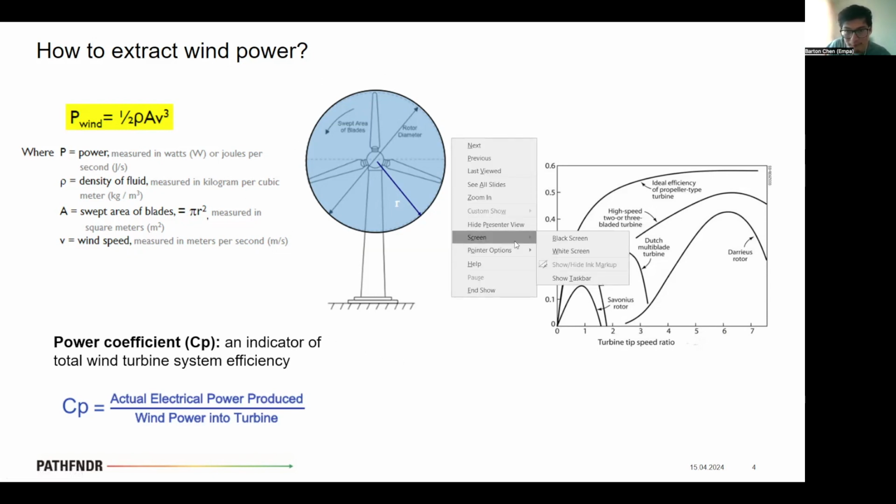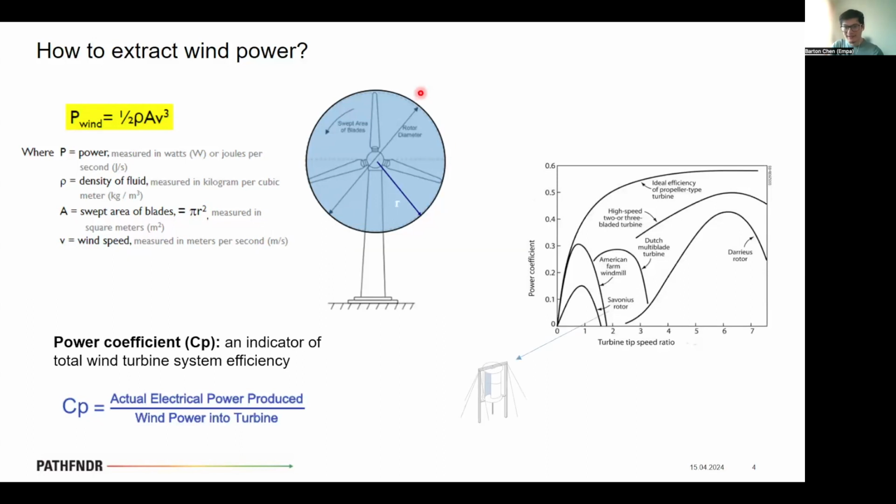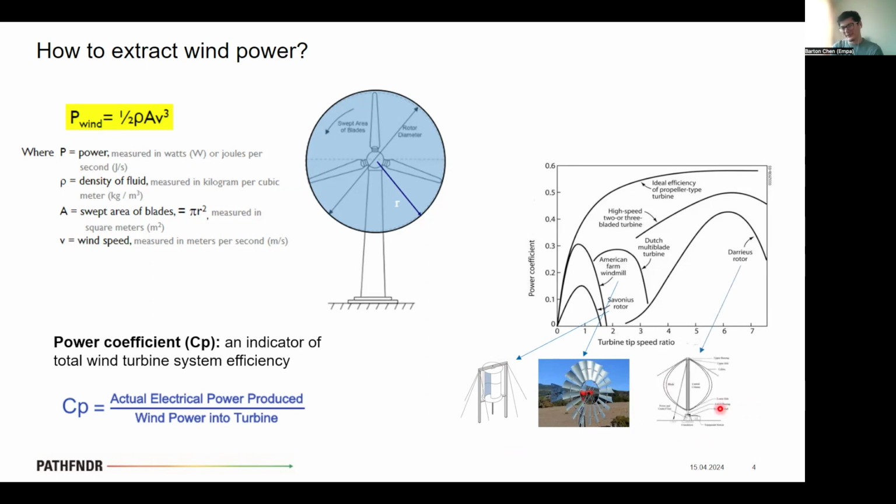We call these horizontal turbines. Now, it usually has 3 blades, but that's not the only kind of wind turbine. There are vertical wind turbines that could have different designs. You can see this one is more like a cylinder, the second one has multiple blades, and this one even has no blades, but it's a vertical device. So all kinds of wind turbines can convert wind power to energy.